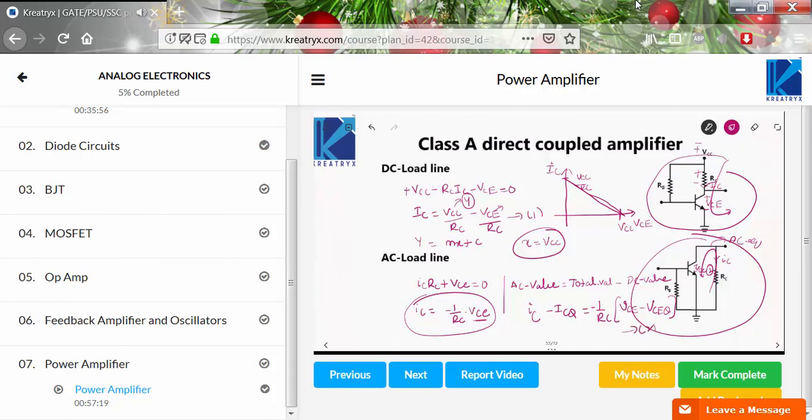This equation 2 represents the AC load line. It has a slope of -1/R_C. That means we can understand that the DC load line and AC load line both coincide, right? And it passes through the operating point actually.